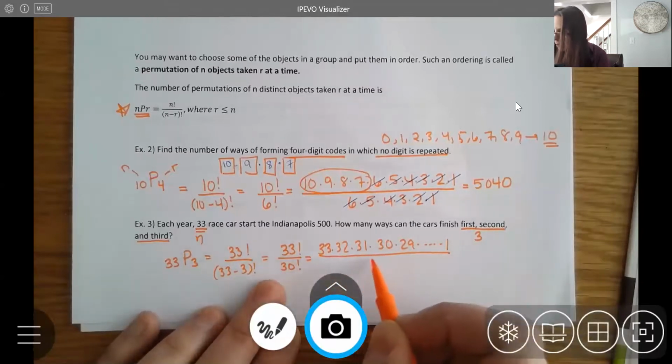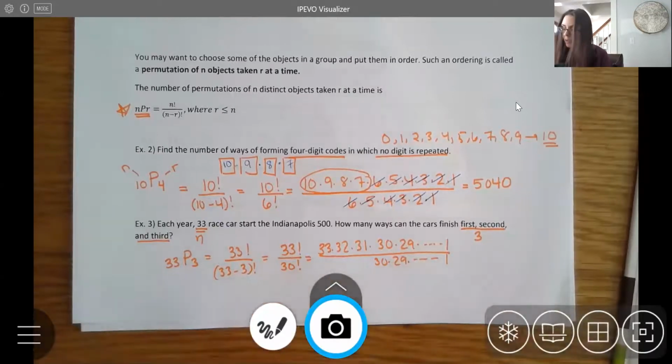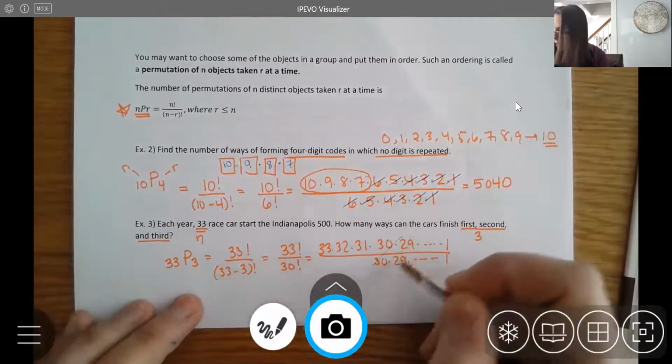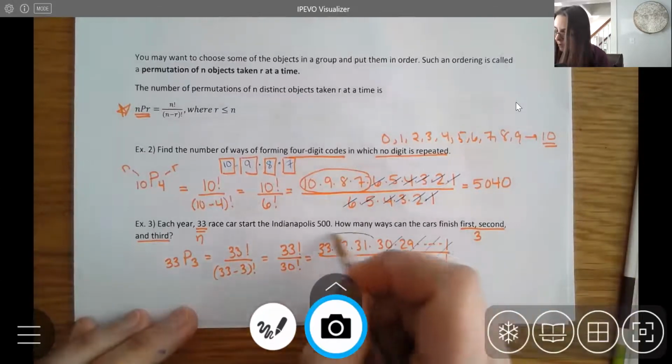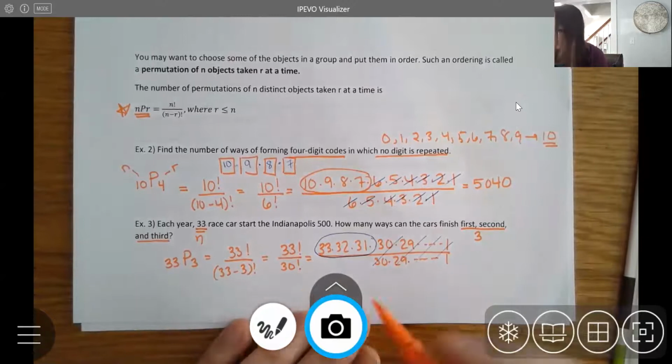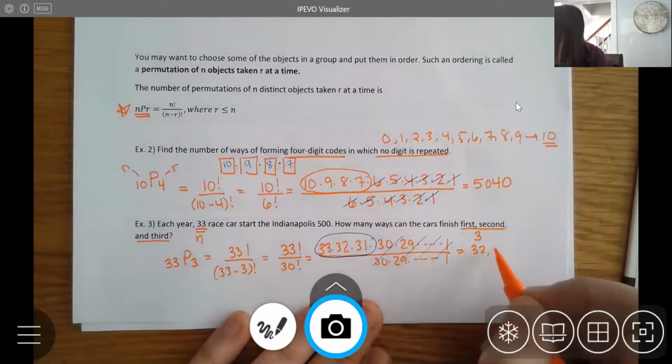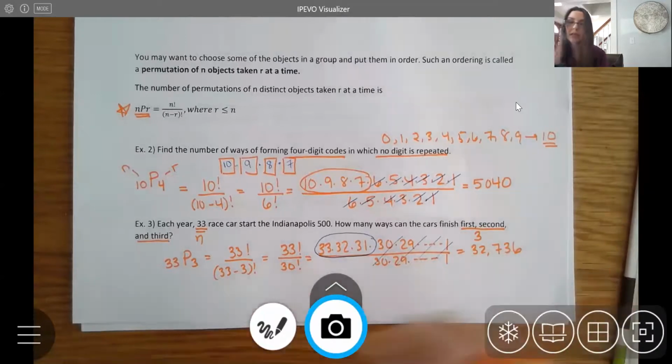And in the denominator, you have 30 times 29 all the way down to times 1. So what's going to happen is most of your values are going to end up canceling, and you're really going to end up having a few of them left in the numerator here. So 33 times 32 times 31 is 32,736.